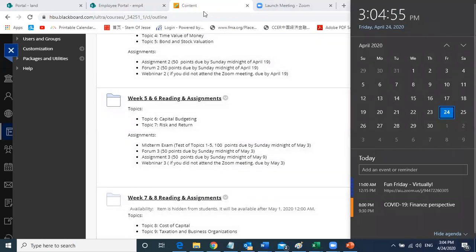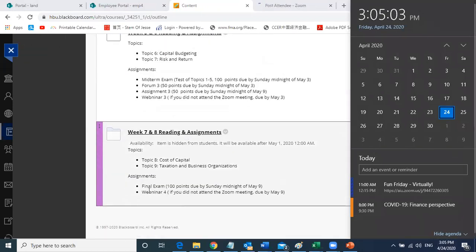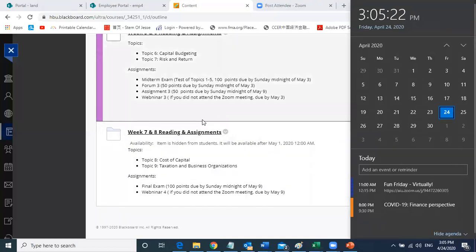The final exam is already posted in the week 7 and 8 reading assignment. Today is the last day we have lecture, so I'll give you one more day to work on your final exam and answer your questions.